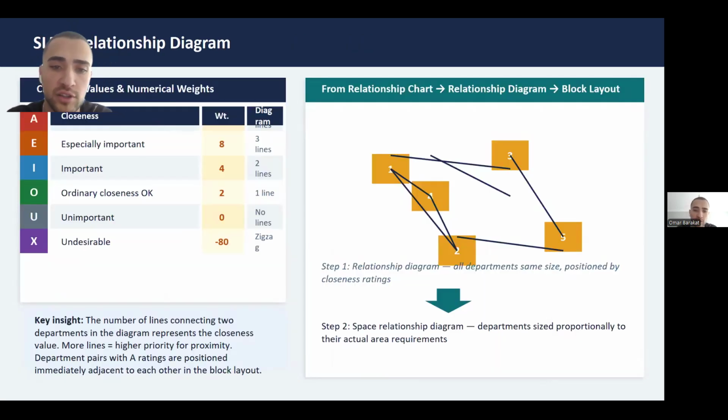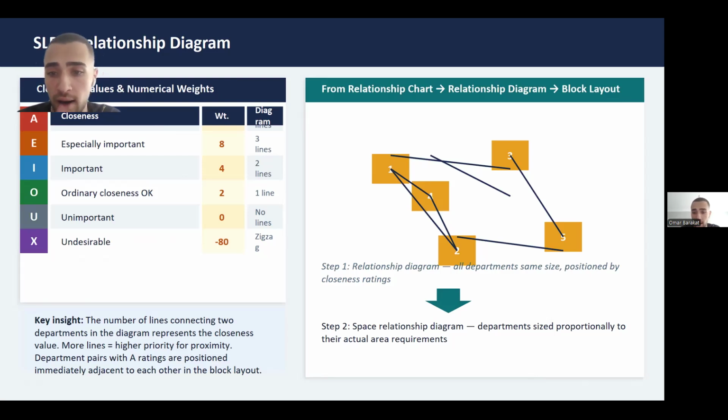Now let's talk about the relationship diagram. The relationship diagram uses a specific visual convention to show closeness. The number of lines connecting two departments reflects their closeness rating. Four lines for A, absolutely necessary. Three for E, especially important.